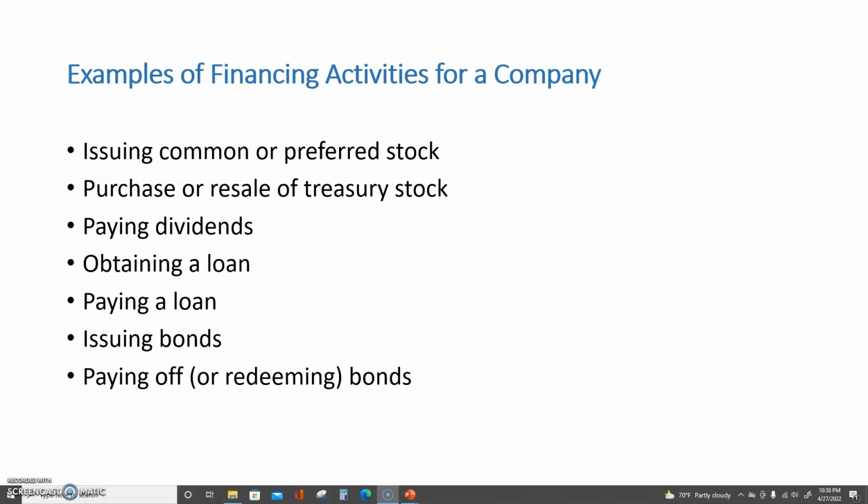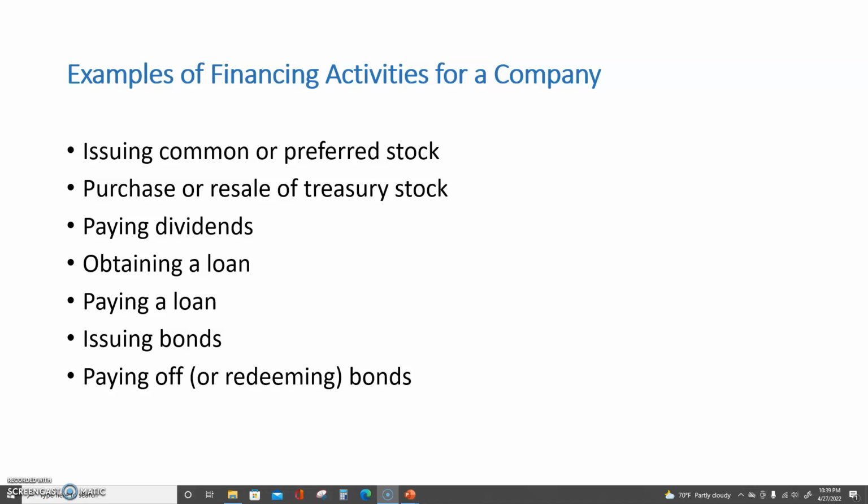So the company issues bonds and the public will buy these bonds. In exchange, the company will pay the bondholders periodic interest, and after a period of time when the bonds expire, the company will redeem these bonds and pay off the bondholders. Typically, bonds are long-term debt, and therefore they belong in the financing activities section of the statement of cash flows.